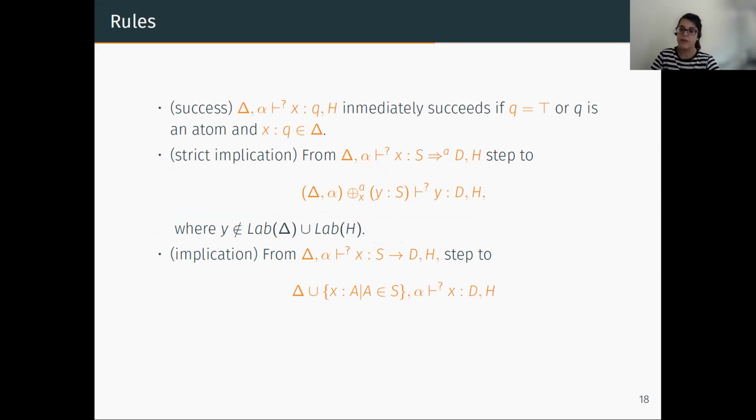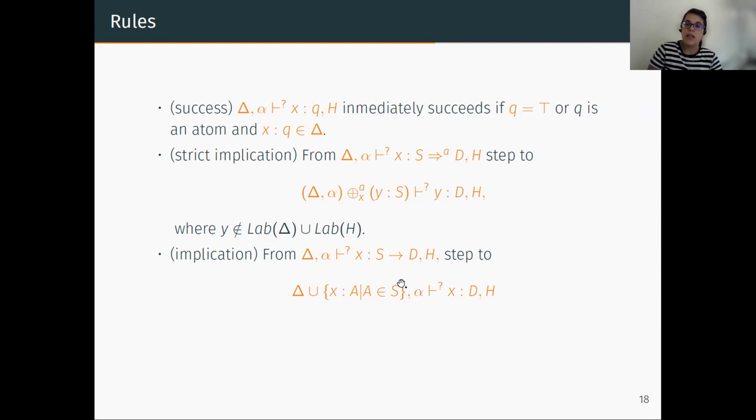We are going to create a new label where we put the antecedent, we assume the antecedent in the database, and we ask for the consequent instead. And this new label is going to be linked with the state where we were asking about this implicational formula. This is important. The label we are adding here has to be completely new. It cannot be in the database, or it cannot be in the history.